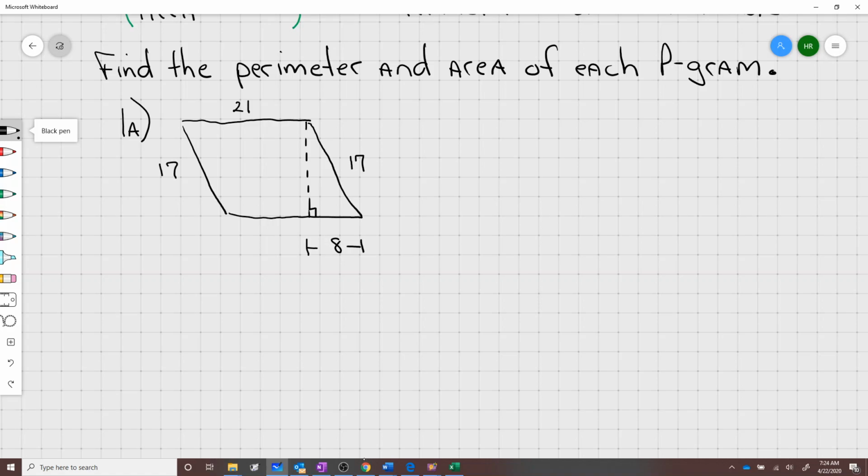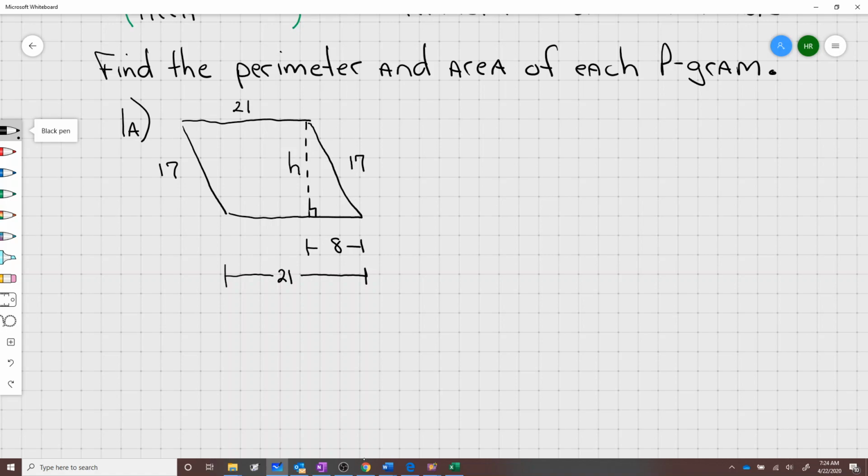And what we need is the height right here. Now, if you look at this height, it's perpendicular to this base, and this base is also 21. So the height of this parallelogram forms a right triangle with this piece that's 8 units long and this right side of the parallelogram that's 17 units long.